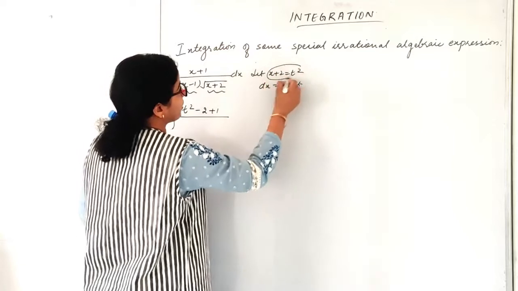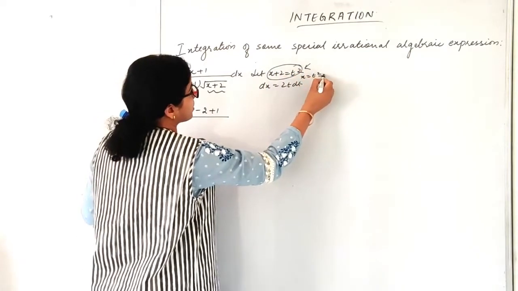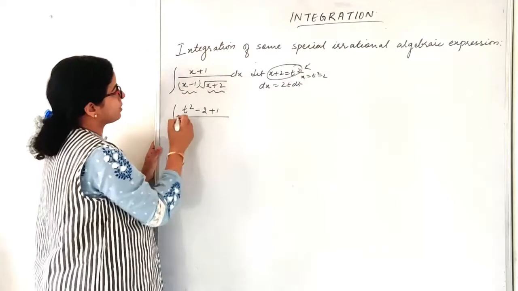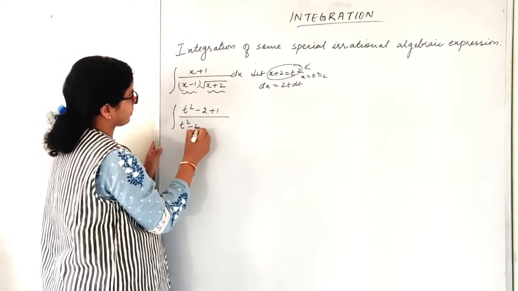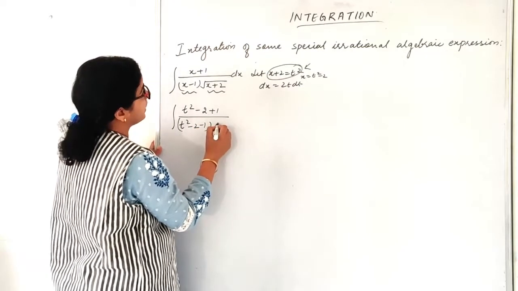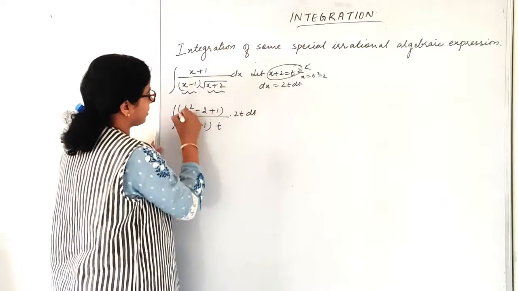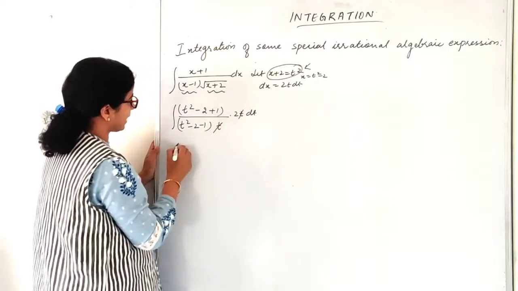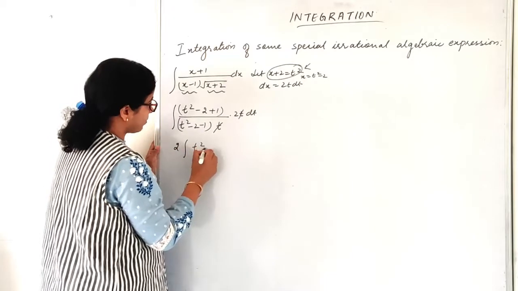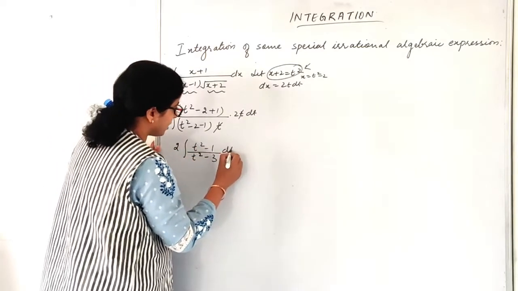From here I can find out the value of x. So x will be t square minus 2. Correct? Substitute that value. What will this become? It will become t times 2t dt, right? So this t and t will get cancelled. t square minus 1 upon t square minus 3 dt.